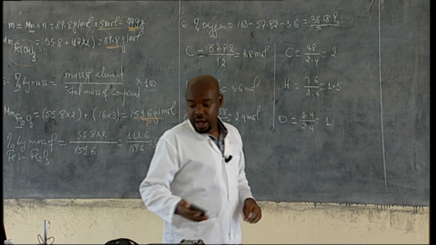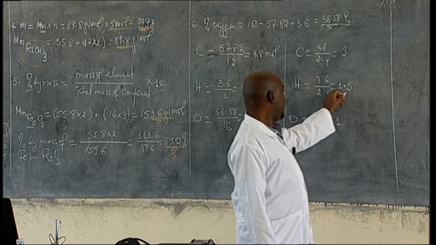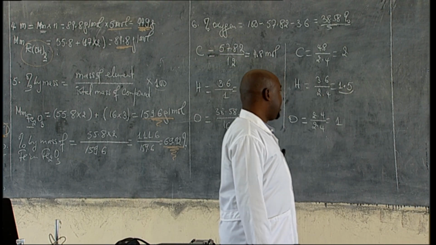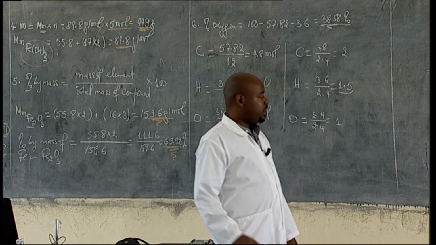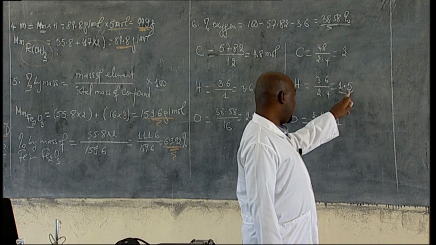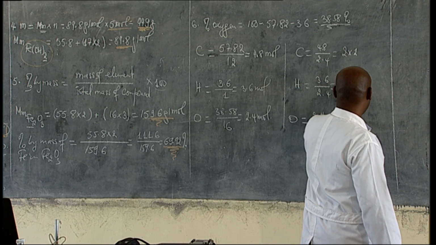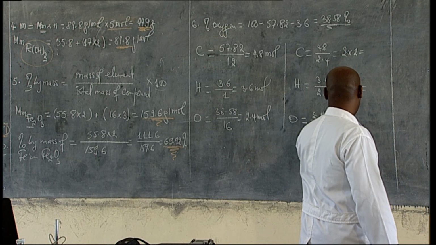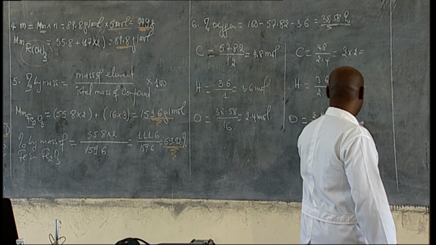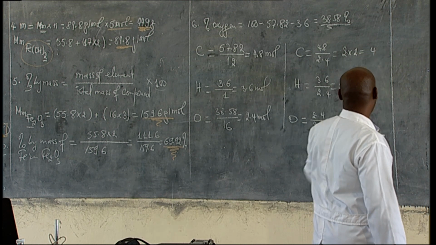Now here there is something new we have never discussed. We have a decimal value here. How do we deal with this one? Because it's 1.5, it's better if we multiply by 2 to remove this. We use whole numbers for the empirical formula. That is times 2, and we get 2, 3, and 4.